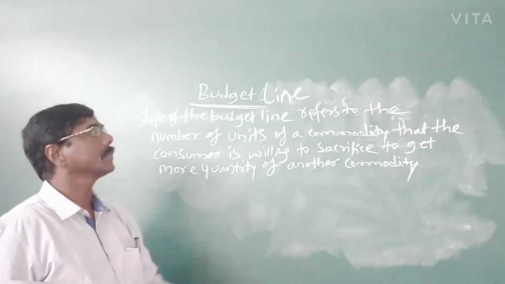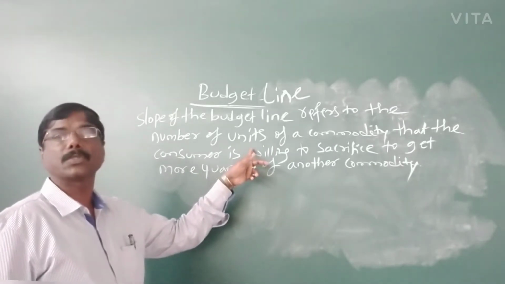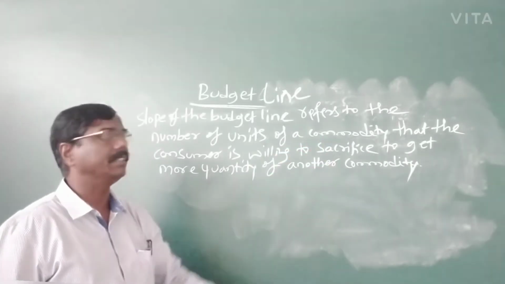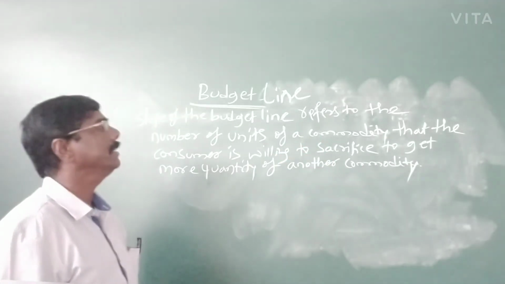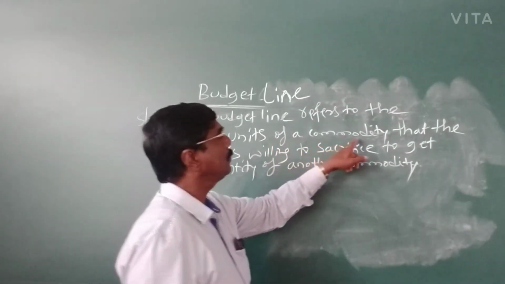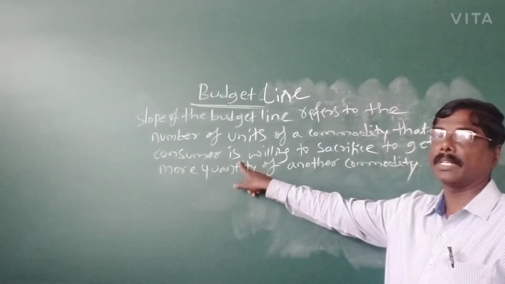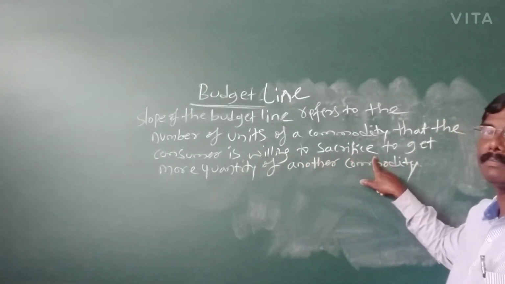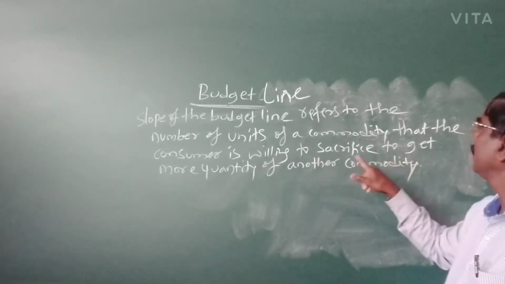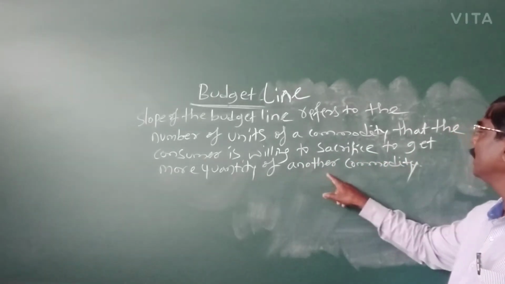The slope of the budget line refers to the number of units of a commodity that the consumer is willing to sacrifice to get more quantity of another commodity.